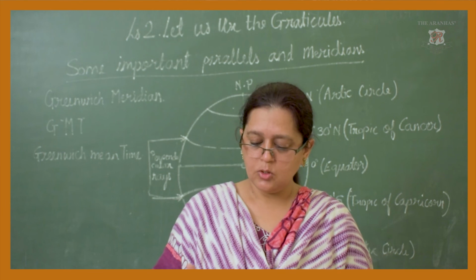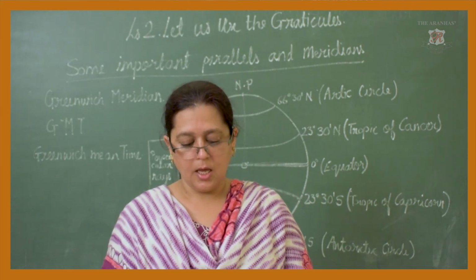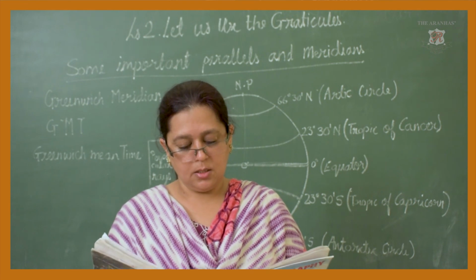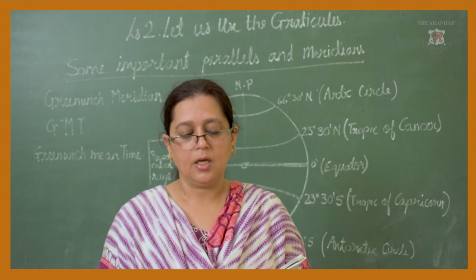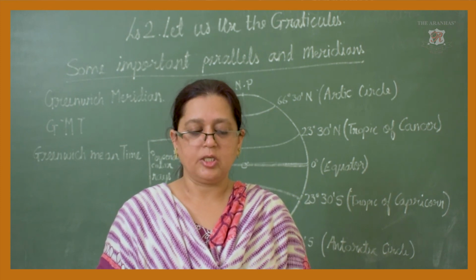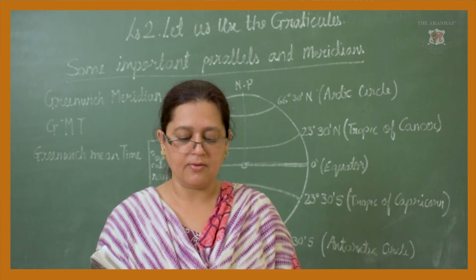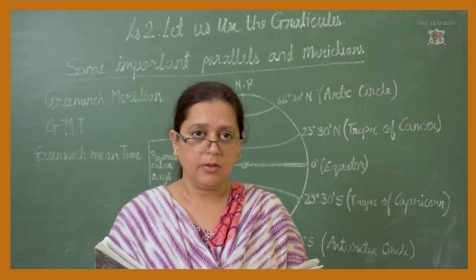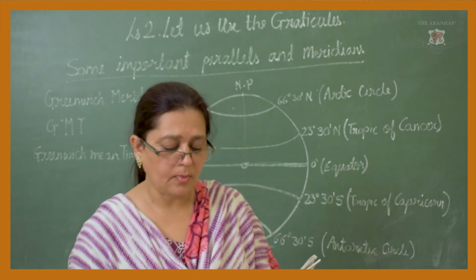So children, we have finished with the lesson and we'll just revise what we have done in the second chapter. Let us use the graticules. In this chapter, first we have studied the 3 points, how to find the location of a place.